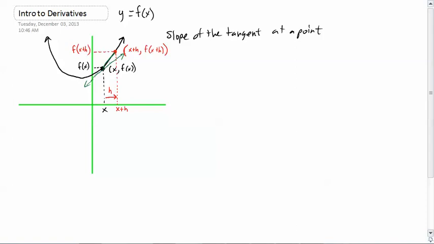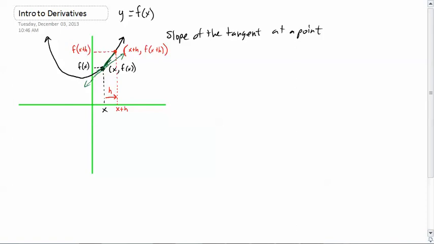And if I bring the point in closer and closer, the slope should be getting better and better, even closer to this green line. So if I can take this red point and bring it in so that it is infinitely close to x, then the change from that point to the next one should be almost exactly the same as the slope of this tangent line. And so that's what we're going to do.